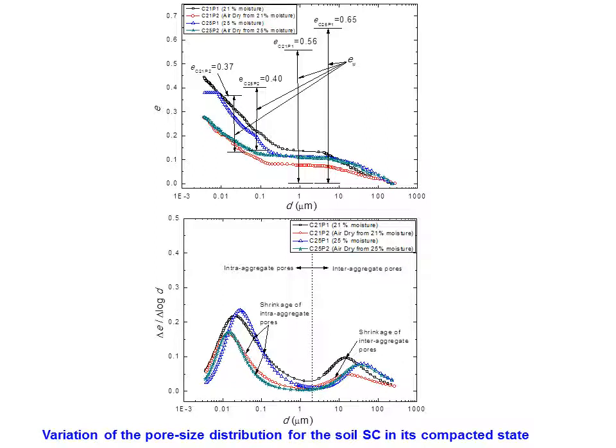So the superimposition of the value of water ratio on the cumulative pore size distribution curve indicates that the samples air dried from initial 25% moisture content compacted appear to have the separation of saturated and unsaturated pores at about 0.055 micron, whereas samples compacted at 21% moisture content after air drying indicate that the pores smaller than 0.036 micron are saturated, whereas the pores larger than this size are unsaturated.